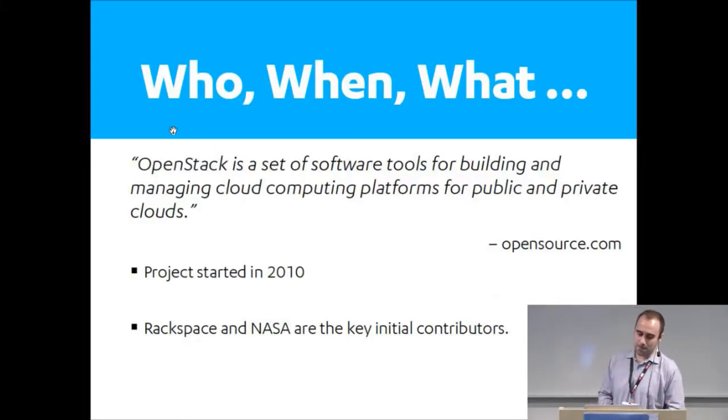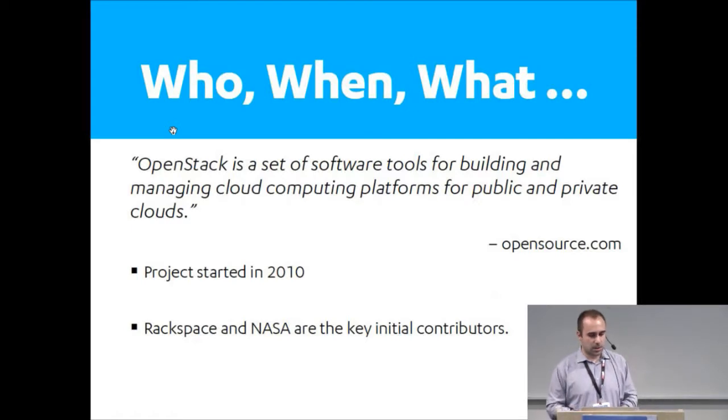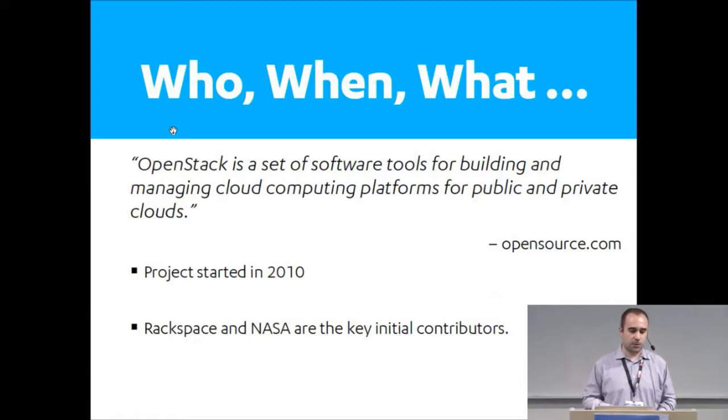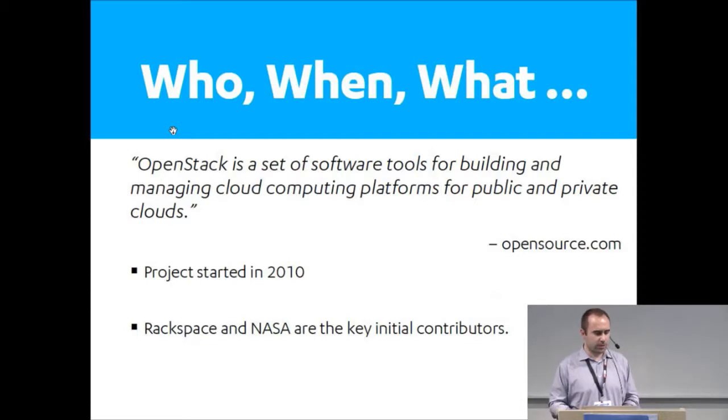So OpenStack is a collection of multiple projects, and it enables you to build a cloud, either for private use or public use, but you can build an infrastructure as a service. And it's a fairly recent project. It started in 2010.